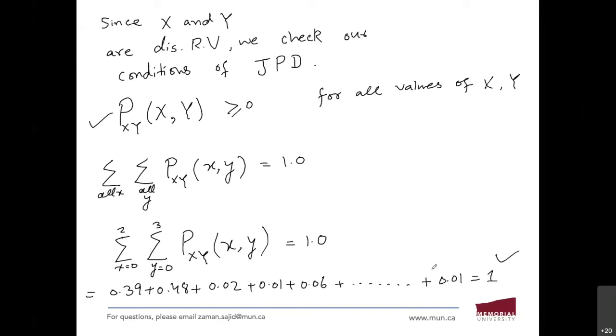So hence it is proved that this is the joint probability distribution. Now in part 1, when there is no error, that means I'm interested to find out when x is equal to 0 and when y is equal to 0.